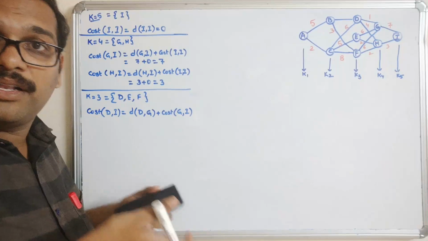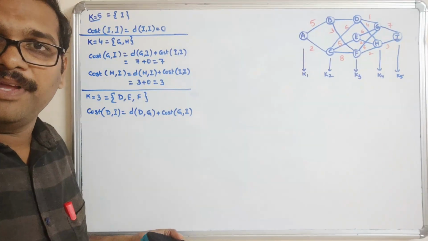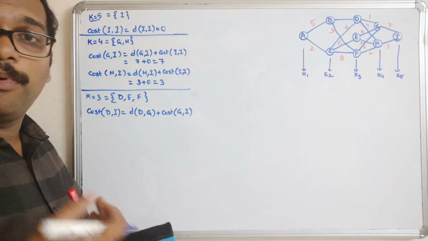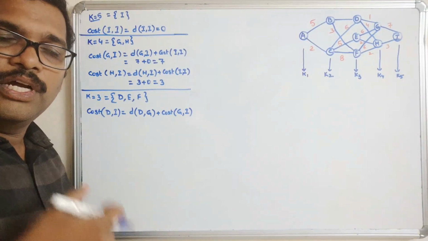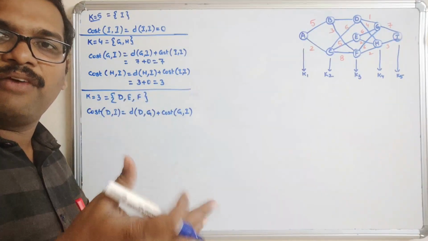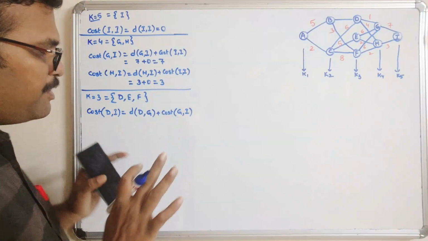That's the advantage of dynamic programming. The problem is divided into subproblems, each subproblem is solved, and the result is stored in memory and retrieved whenever required. The same thing happens here.